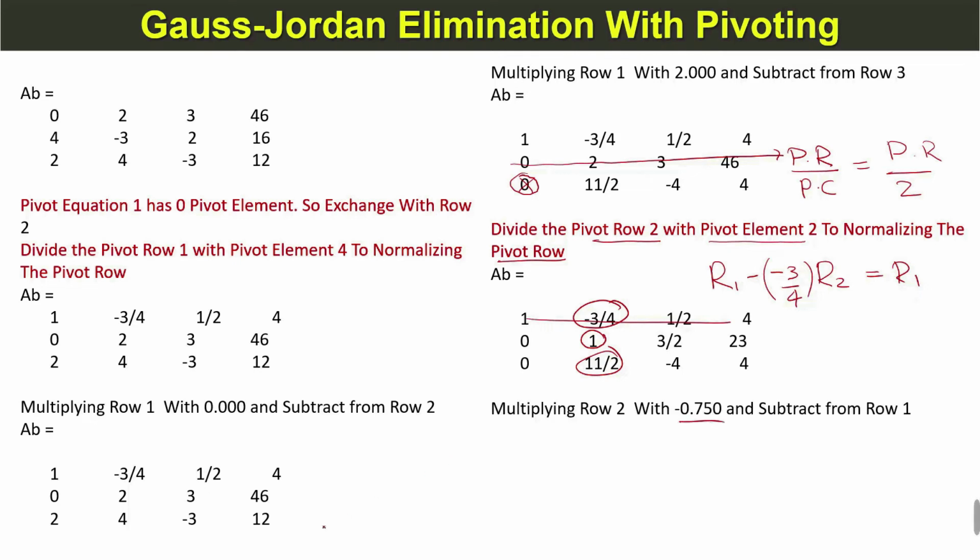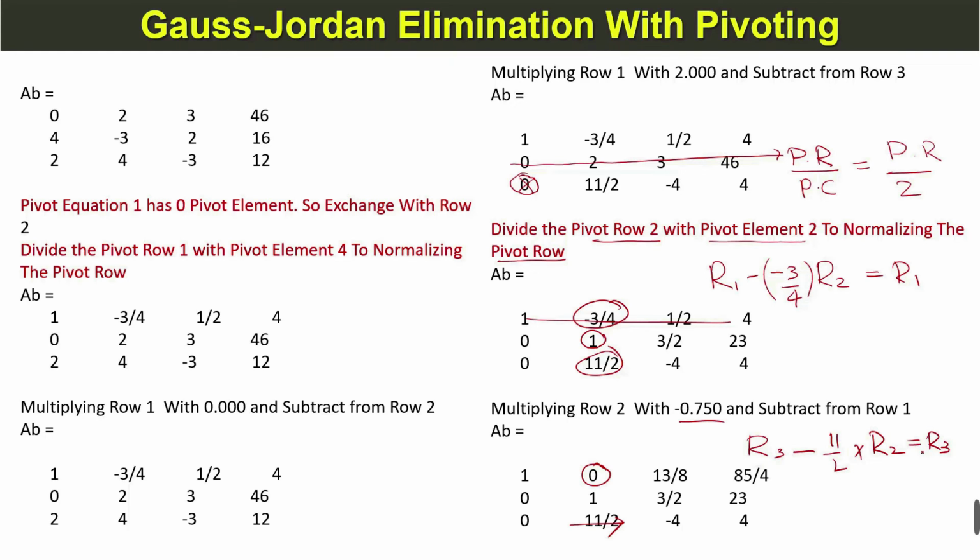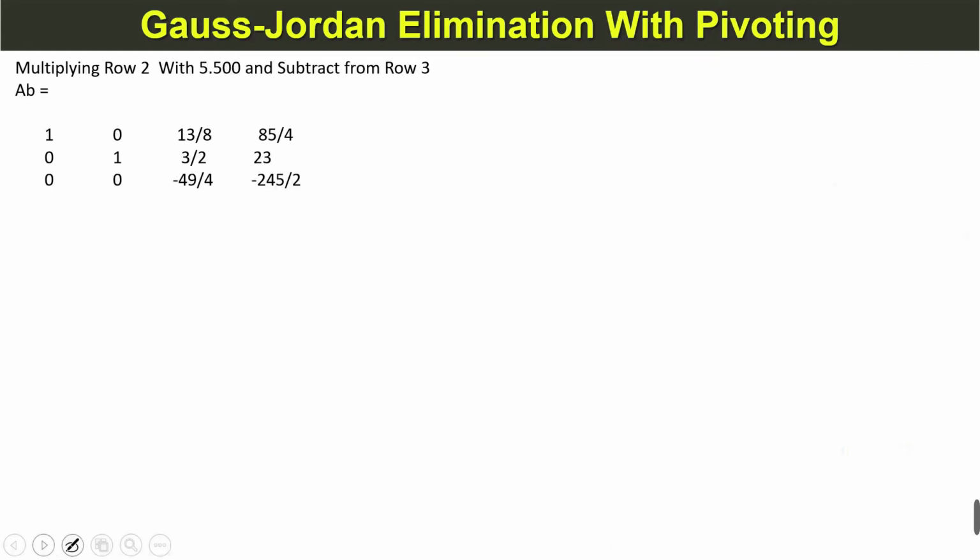This is eliminated now, and now we eliminate this term by multiplying r2 by 11 by 2 and subtracting from r3. So this is now eliminated.